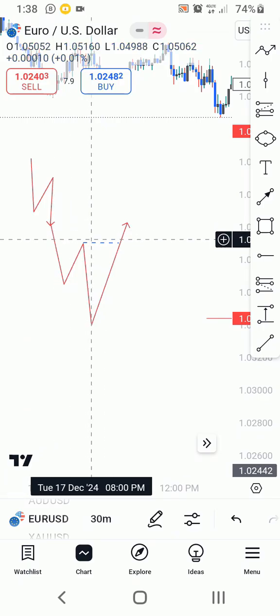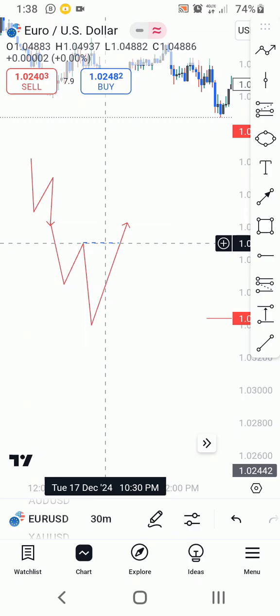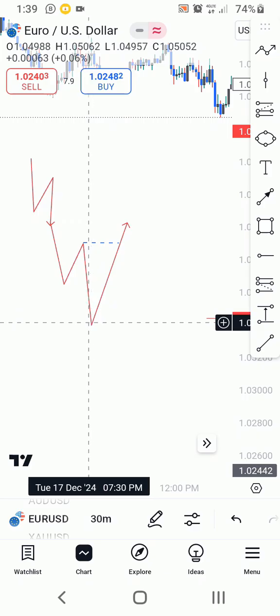So before this shift, you look for me the last low they made. It is this one. So if this is the last low they made, you look for the previous one before this one.